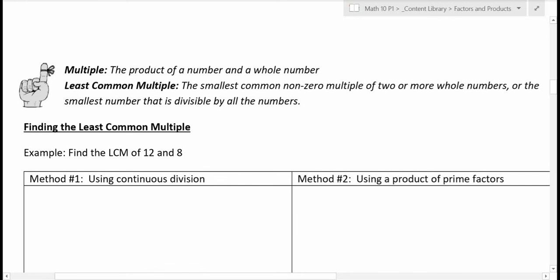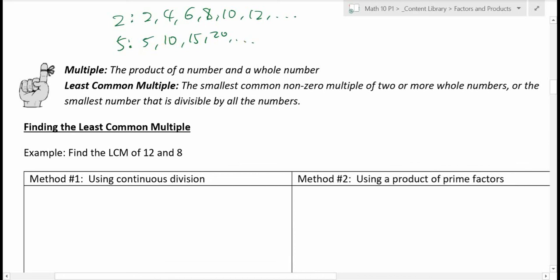So essentially, there are different methods. You can list out all their multiples. For example, the multiples of 2 will be 2, 4, 6, 8, 10, 12, and so on. And the multiples of 4, actually, let's use 5 instead. 5 would be 5, 10, 15, 20, and so on.